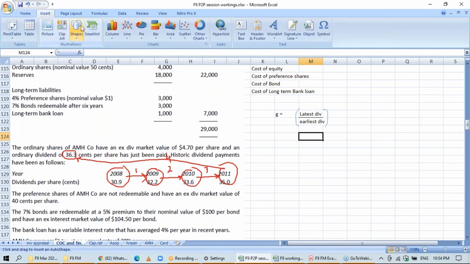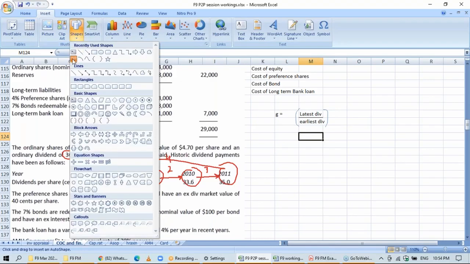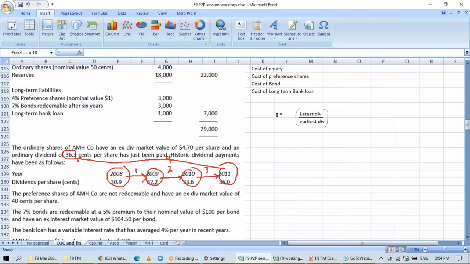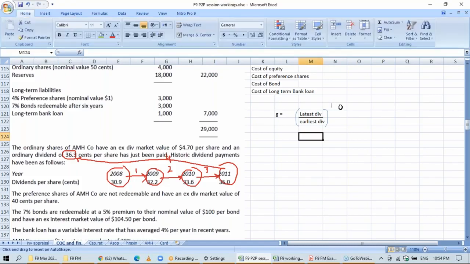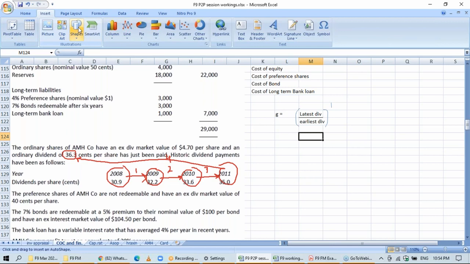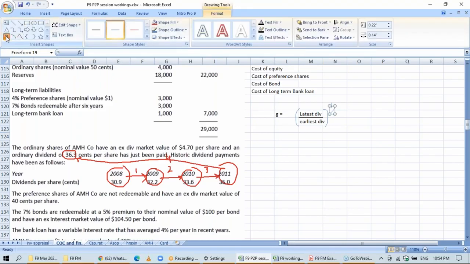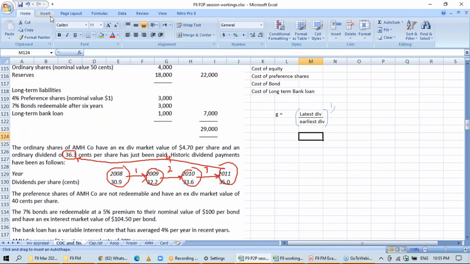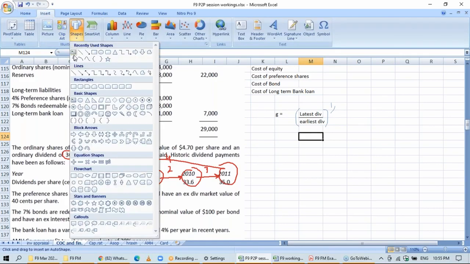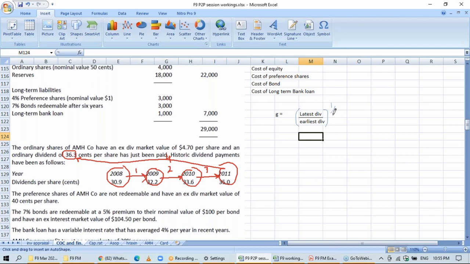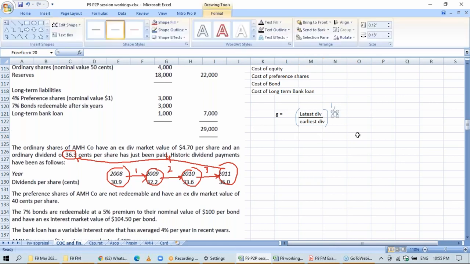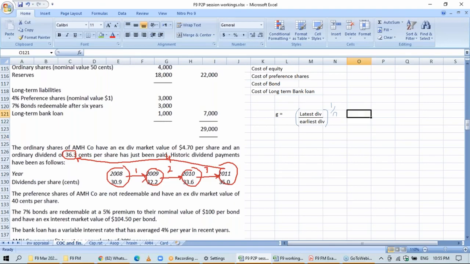N is 4 in this case because the dividend has increased in 4 years' time. So 1 divided by n. It has got difficult for me to make the brackets in this case. Okay, and then minus 1. So that's the formula.